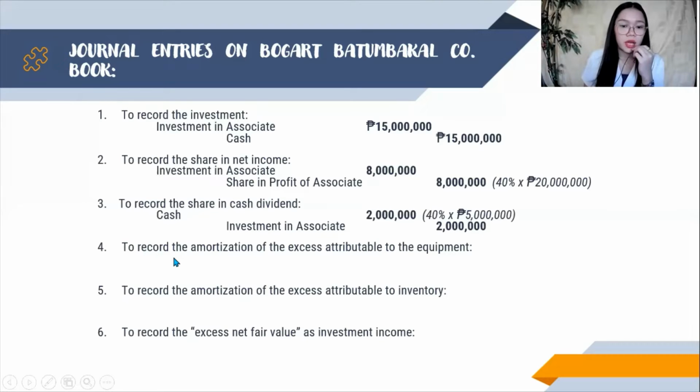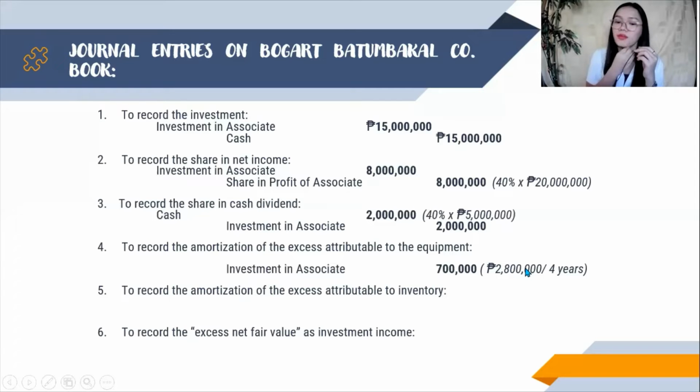So, to record the amortization of the excess attributable dun sa equipment, magkano na yun? Yung share lamang natin, 2,800,000, di ba? Tapos, yung excess, i-amortize natin over its remaining useful life na 4 years. So, 2,800,000 divided by 4 years.